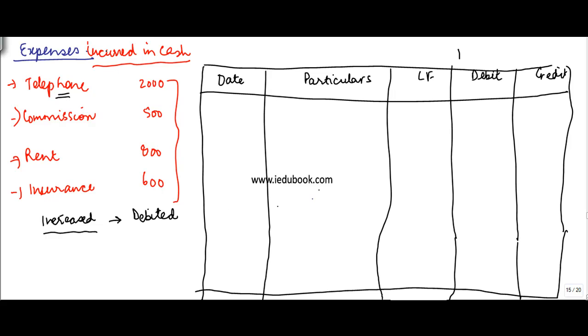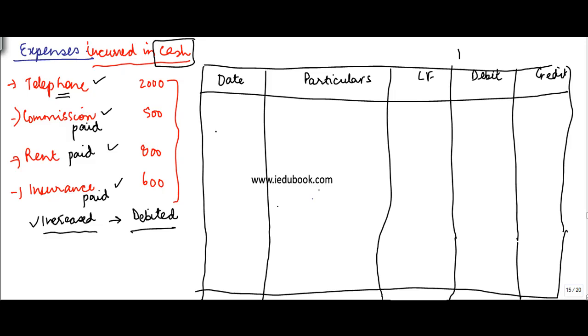So whenever you have payments like this, telephone, obviously it's an expense, it's not an asset. Commission, paid. It can also be commission received. Rent, paid. Insurance, paid. So all these are expenses in nature. And when you incur them, these are increased. So you debit them. And when you incur them in cash, cash is to be credited.